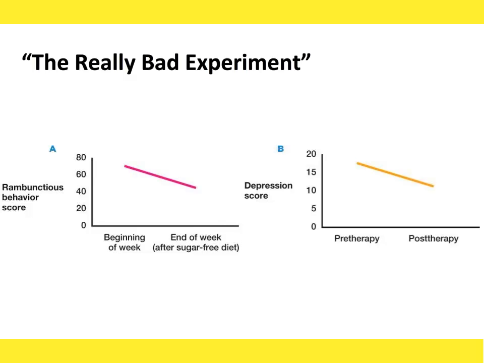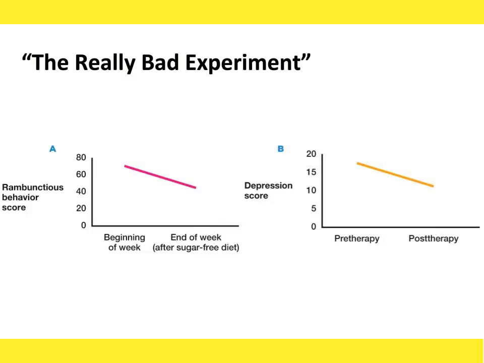And so we think that their rambunctious behavior is due to these sugary snacks that we're letting them eat. So we decide to test our theory. We eliminate the snacks from their diet, and then within 2 days we notice that the campers are much less rambunctious. So you can see here at the beginning of the week, high rambunctious scores, end of the week, lower rambunctious scores.